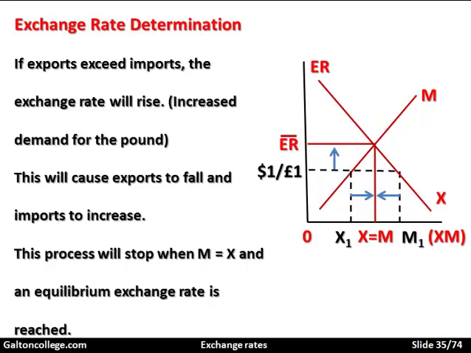So they will make available their currency, and that means that the price of the exchange rate will rise because foreign central banks are buying the pound. So the whole process will stop when exports equals imports, when there's an equilibrium exchange rate.